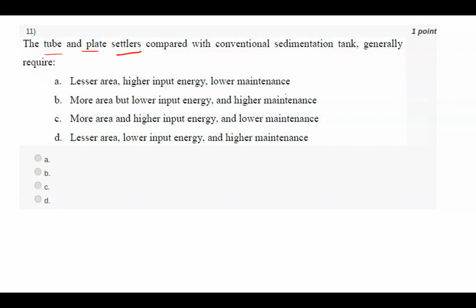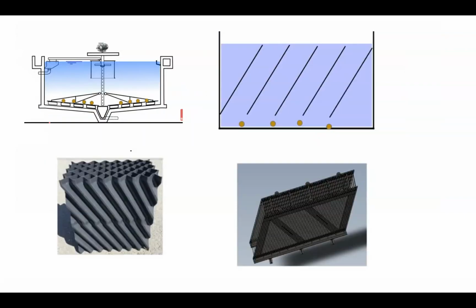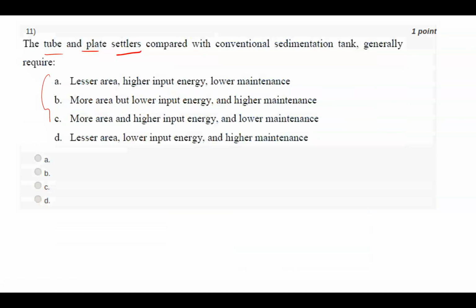Lesser area, higher input energy, lower maintenance; then more area but lower input energy and higher maintenance; more area and higher input energy, lower maintenance; lesser area, lower input energy, and higher maintenance. So what will be the answer for that?